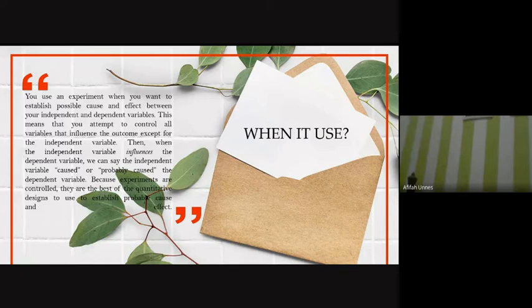Then, when the independent variable influences the dependent variable, we can say the independent variable probably causes the dependent variable. Because experiments are controlled, they are the best of quantitative design to use to establish probable cause and effect.